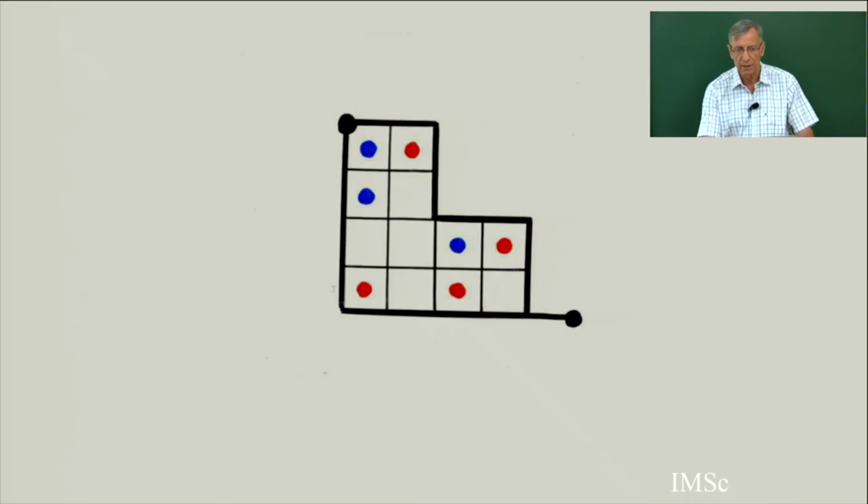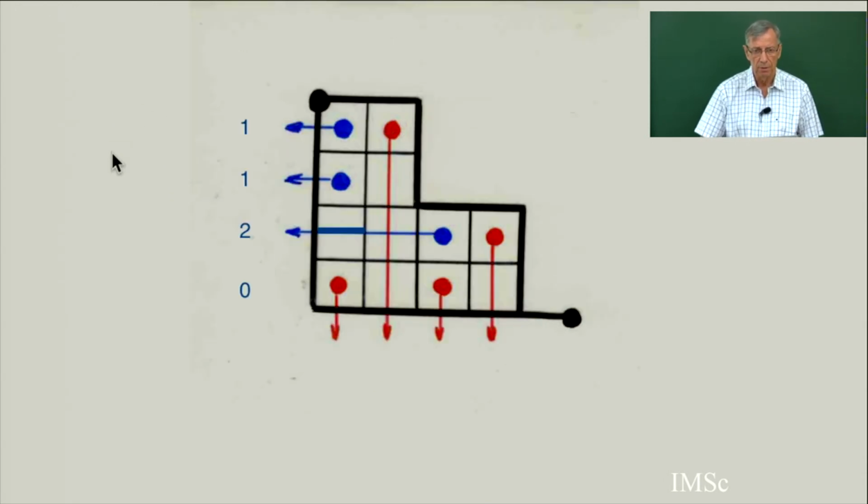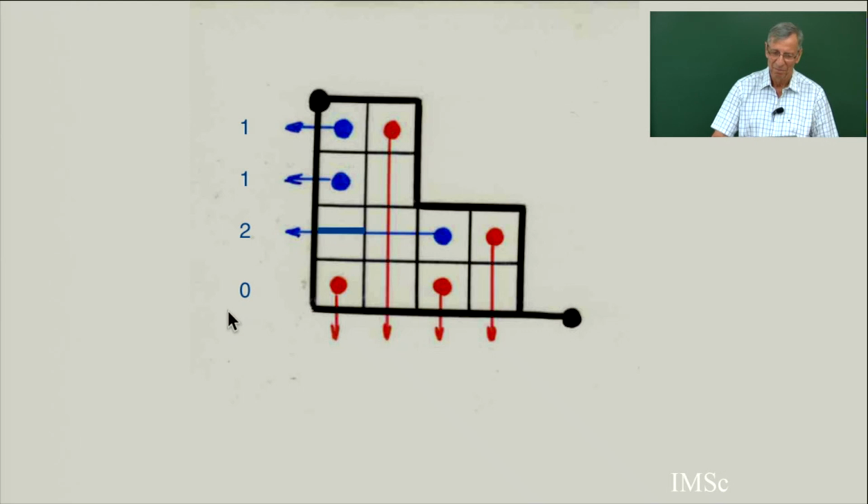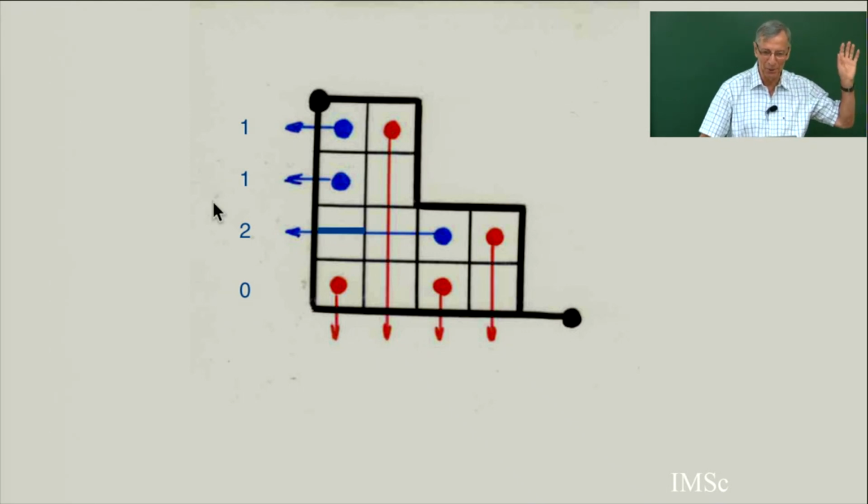So here is a Catalan alternative tableau, and I define these blue numbers: 1, 1, 2, 0. So how do I define them? Forget that 1, 1, 2, 0 appeared already before. In each row, I am going to put these blue numbers. This blue number is 0 if there is no blue point in the row.